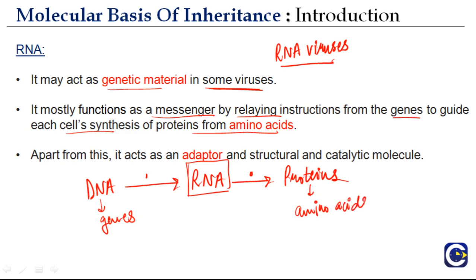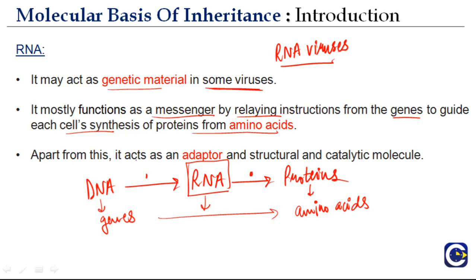This conversion of genes to amino acids takes place via RNA. First there is DNA, from DNA there is RNA, and from RNA there are proteins. So DNA contains genes, and RNA acts as a messenger to convert these genes into amino acids that further form the proteins, and proteins guide the expression of characteristics.